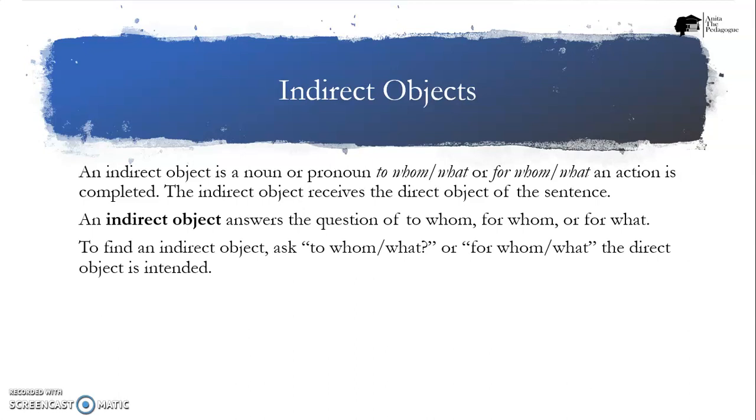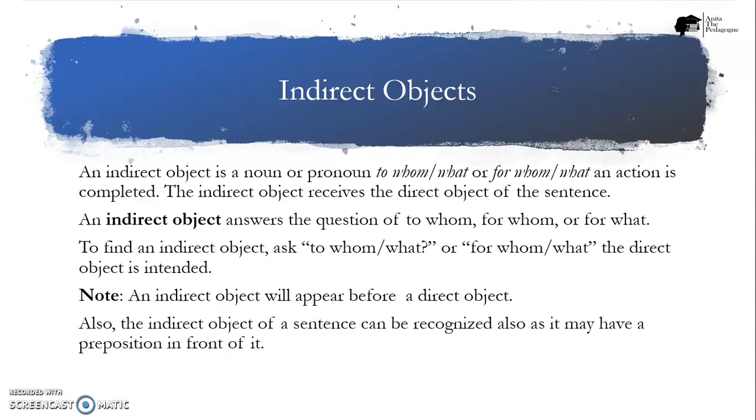Now to find an indirect object, ask to whom or what, or for whom or what the direct object is intended. Let's take note that an indirect object will appear before a direct object. Also, the indirect object of a sentence can be recognized as it may have a preposition in front of it.